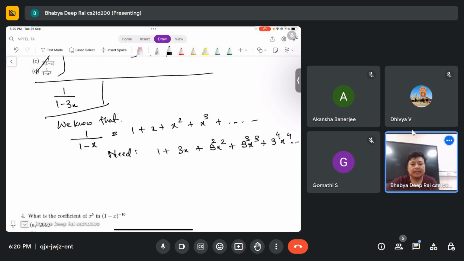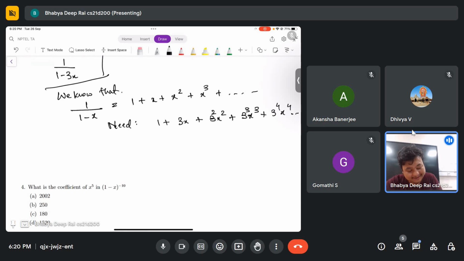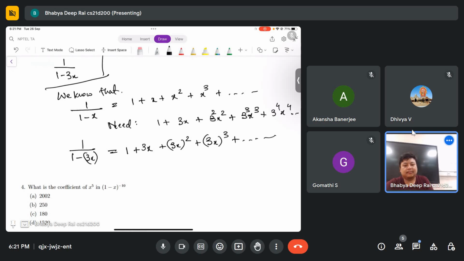This is what we wanted, right? Now we see that if I take 1 by 1 minus 3x and treat this 3x as my x now, then all I'll get is 1 plus 3x plus 3x whole square plus 3x whole cube plus and so on. Right.